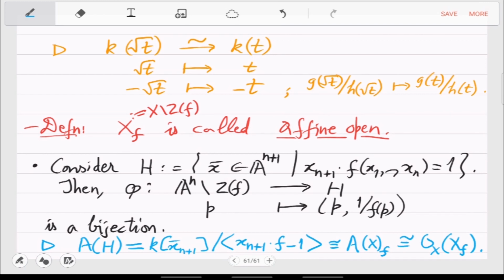In the original variety X, let's say embedded in the affine n-space, O_X(X_f) was the same as A(X) localized. We have seen this before, and now the third thing we are seeing is this bigger affine space, and H is the affine variety there.